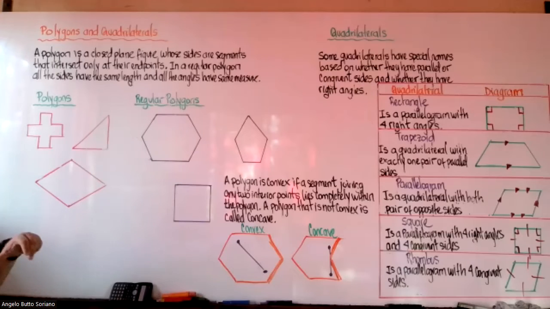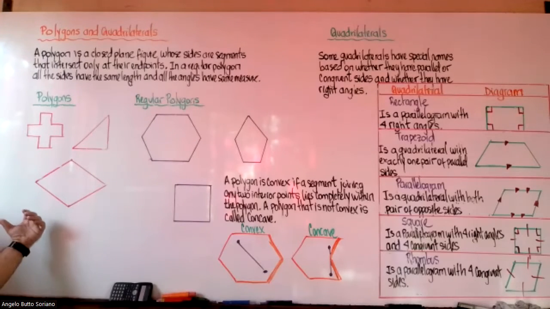Remember, parallel lines have the same direction but never touch each other, okay? They are not necessarily congruent, but if you see the upward base and the downward base, the top and the bottom, they are different. But both lines never touch each other. This is the diagram of the trapezoid.